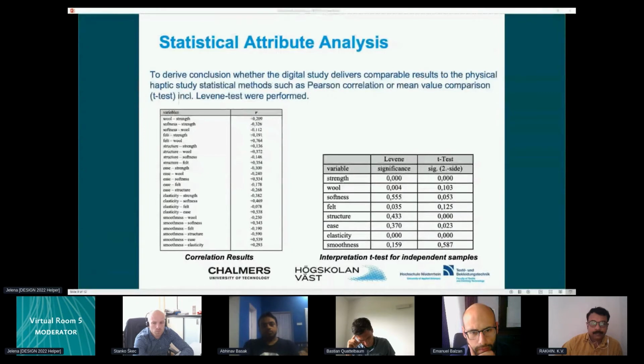And therefore, we can also say that strength, structure, ease, and elasticity, on the other hand, are highly significant, and therefore the null hypothesis needs to be rejected.